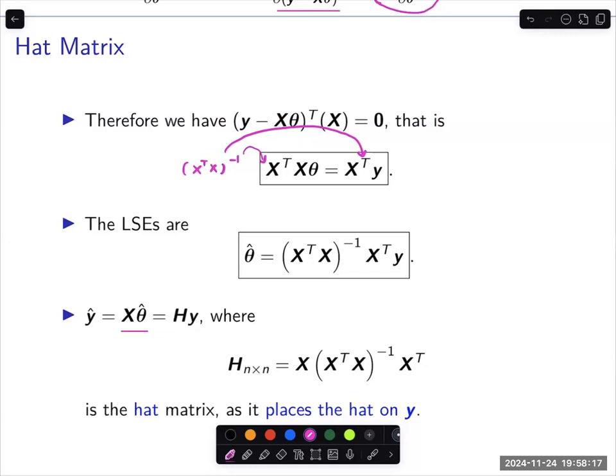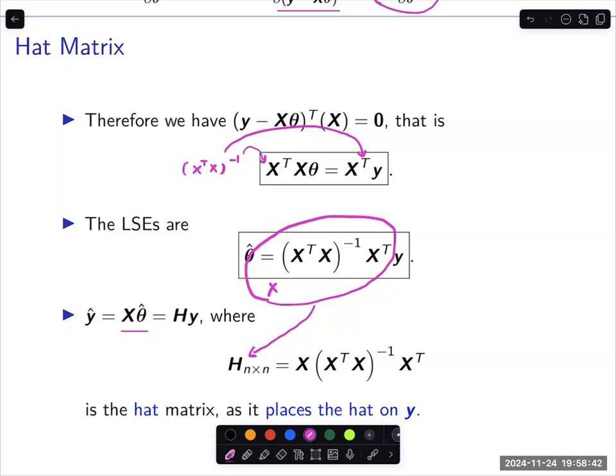And that is just equal to x times x transpose x inverse x transpose, times y. If we put all those terms together and denote it as H, this matrix is called the hat matrix.